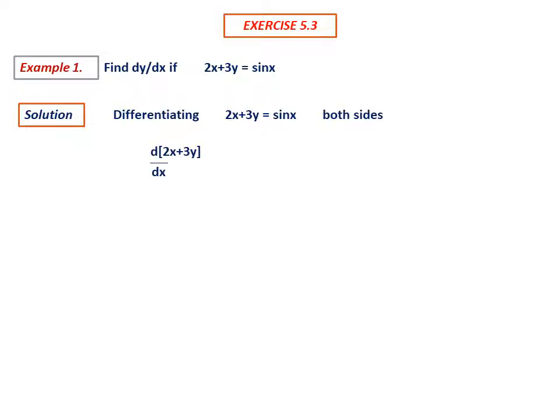So d by dx of 2x plus 3y will be equal to d by dx of sin x. And now use the differentiation rule. First one, d by dx of 2x plus d by dx of 3y equal to, right side, cos x, differentiation of sin x.